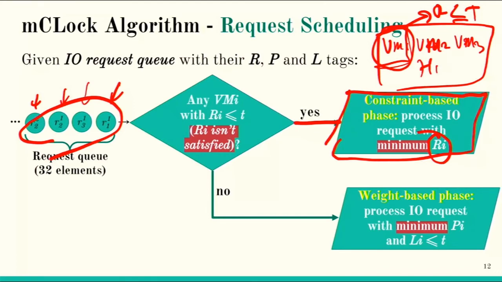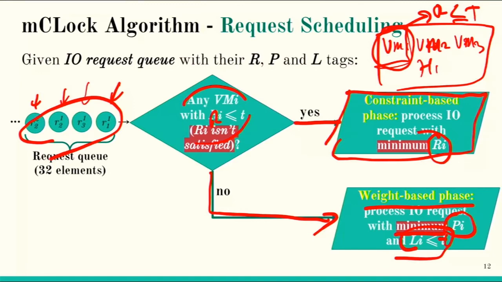Let's say after we process all the requests, there is no VM having R lower than or equal to T. We will go to these conditions, the weight-based phase here. We will process IO requests with the minimum tag value of Pi, where Li is lower than or equal to T. Why this condition?